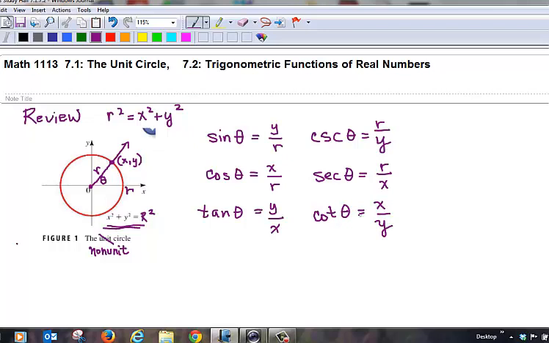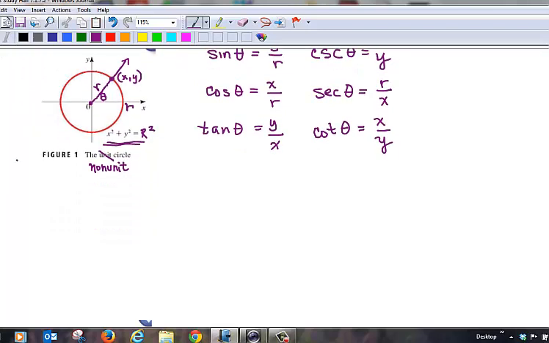So we can express the trig ratios in terms of the angle theta, this distance r, and the coordinates x and y. Now we use this fact along with a couple of other facts to write these ratios for just about any angle theta. Here's a coordinate plane, my x and y axes. I can talk about an angle theta in the fourth quadrant.